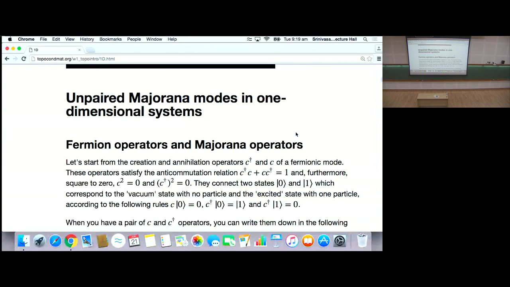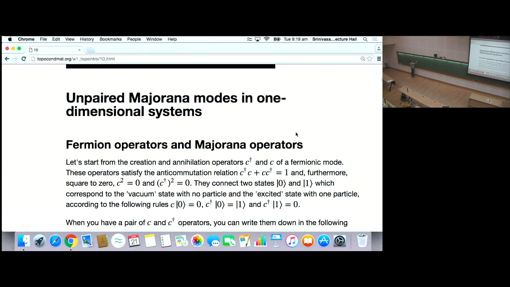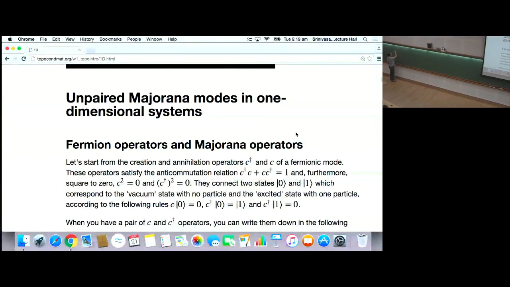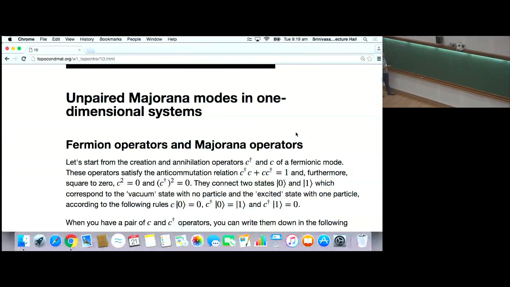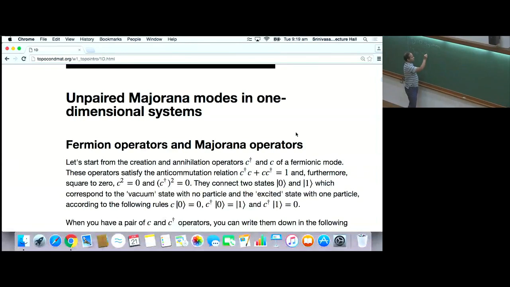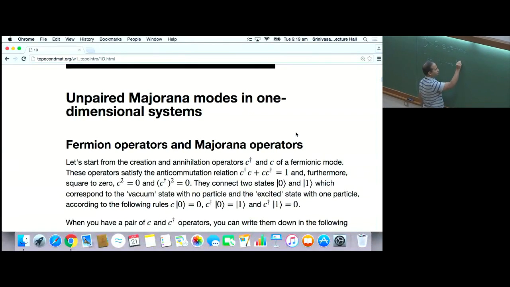So we started with talking about the topology of D equals 0 systems. The important thing was we came up with a topological invariant, which were basically things that didn't change with continuous change of the Hamiltonian.